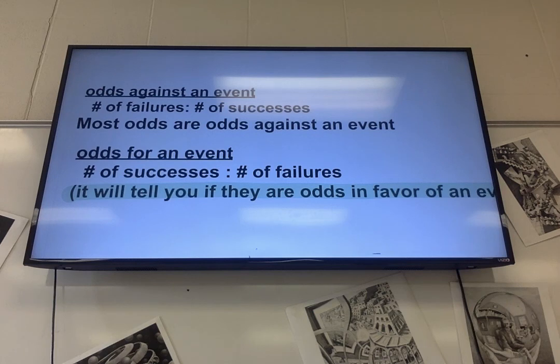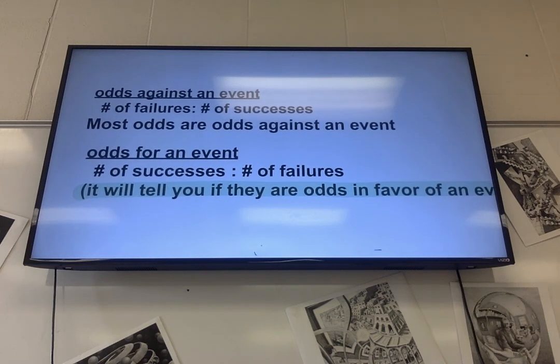That colon, you just read as the word "to." Like if I tell you the odds are 5 to 1, that means you're 5 times as likely to lose as you are to win, because odds are normally against. So when that big number is first, that's usually really bad.